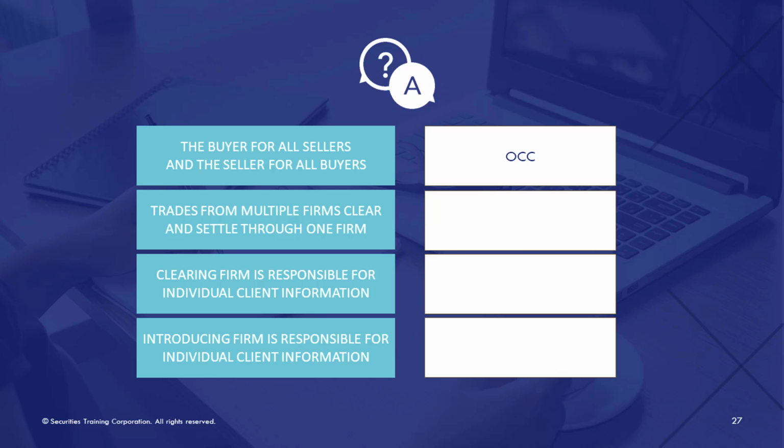Trades from multiple firms clear and settle through one firm. That's referred to as prime brokerage. Clearing firm is responsible for individual client information, would be a fully disclosed account. And an introducing firm that's responsible for individual client information would be an omnibus account.